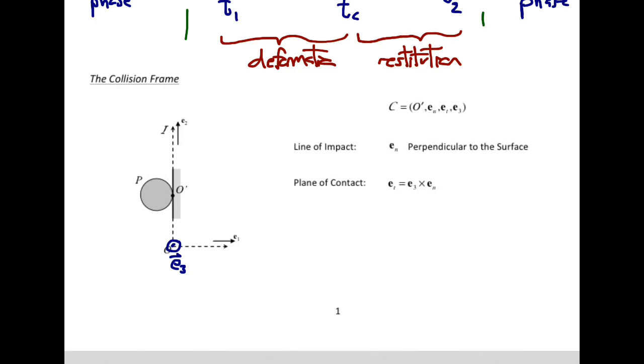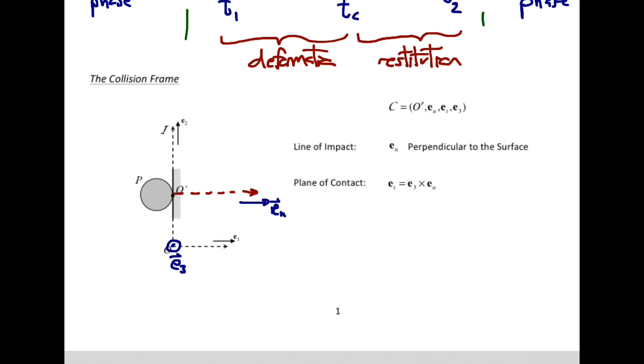And then we define our collision frame as its origin at O prime, which is the point of contact, and then we'd have our E sub n vector, which is perpendicular to the surface.